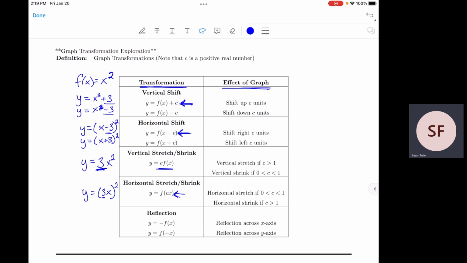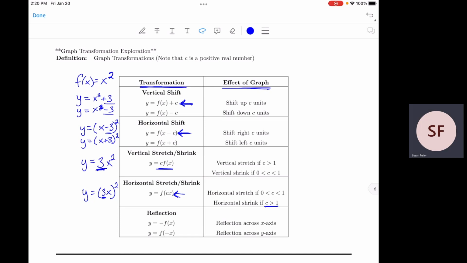Since the number being multiplied is bigger than 1, this would actually give us a horizontal shrink. This would divide your distance from the y-axis by 3. It pushes you closer to the y-axis, and you divide by whatever that number is. You would basically divide your x-coordinate by that number to figure out where it goes.